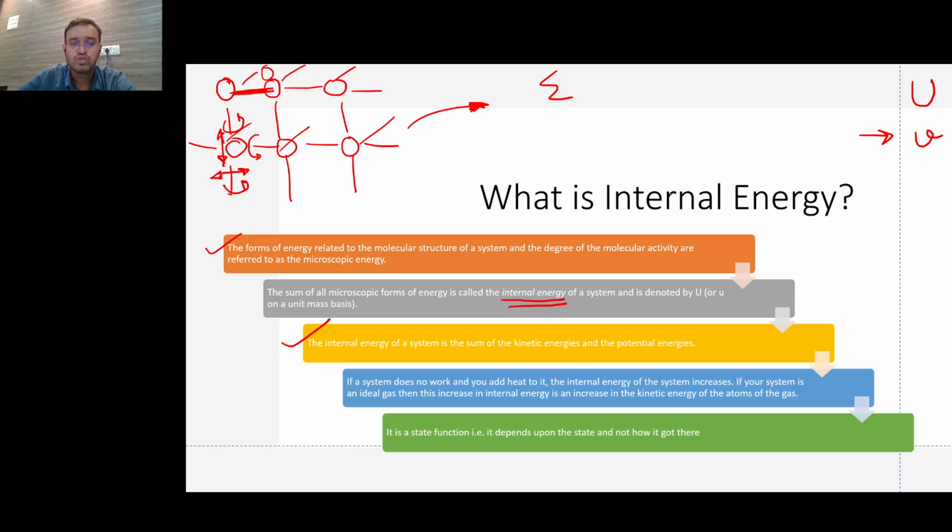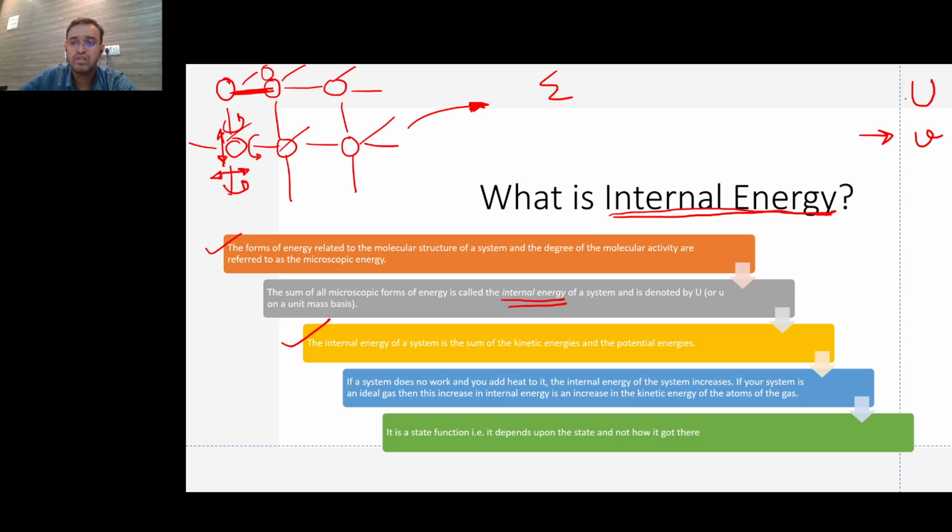So what we have learned today is the concept of internal energy. What is internal energy? That is the sum of all microscopic forms of energy: the kinetic energy, the potential energy, the electron energy, the bond energy. The sum of all of that is termed internal energy.